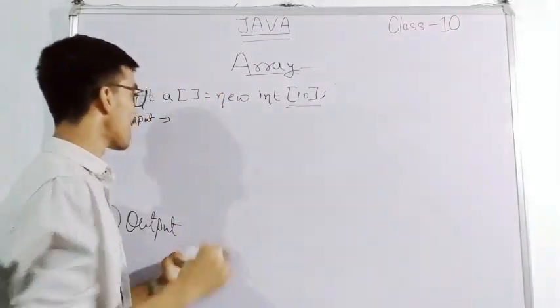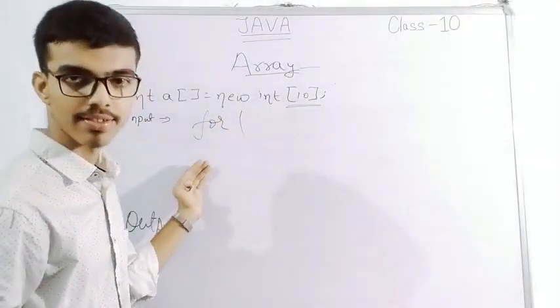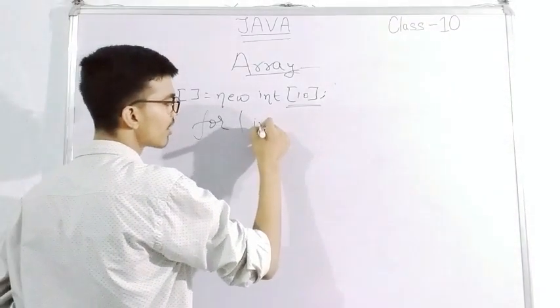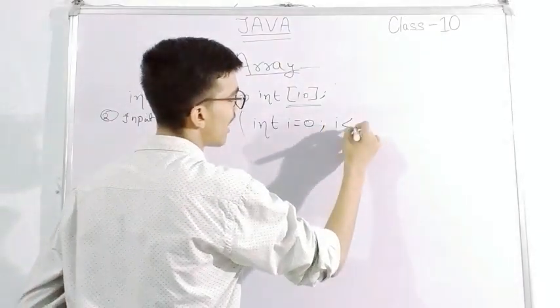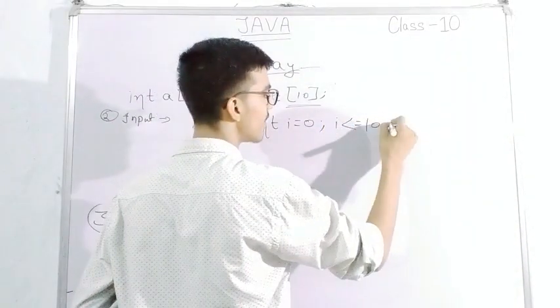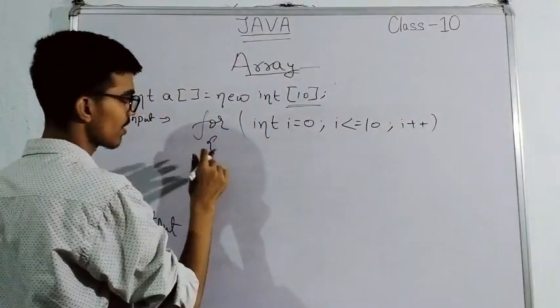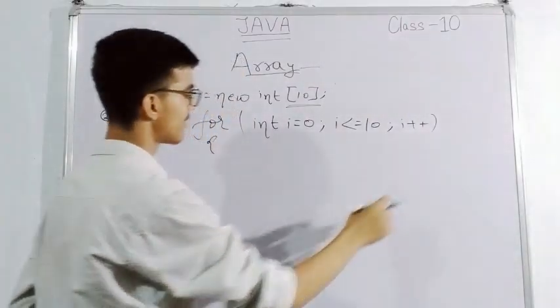So we'll write for int i is equal to 0, i is less than 10, i plus plus.